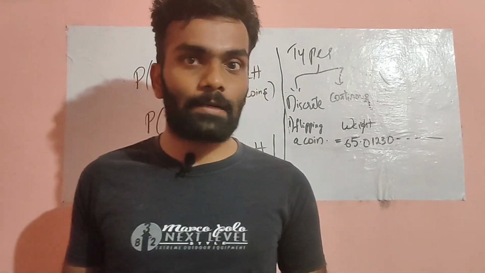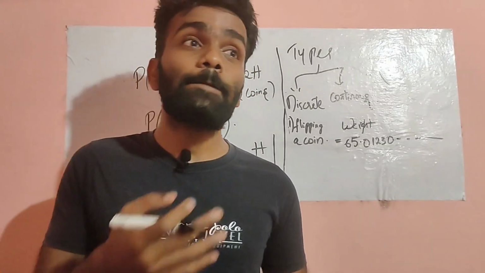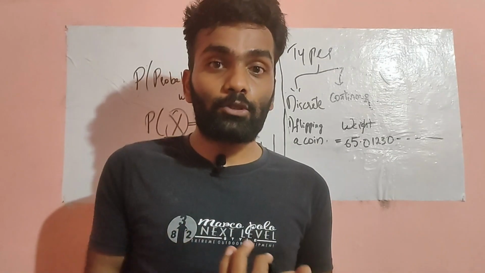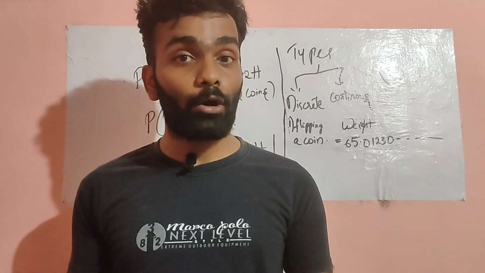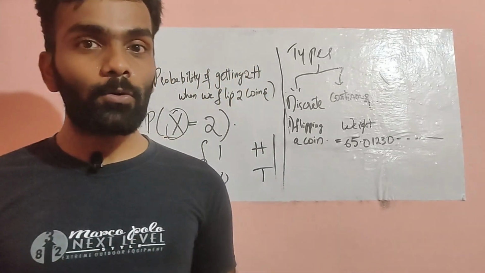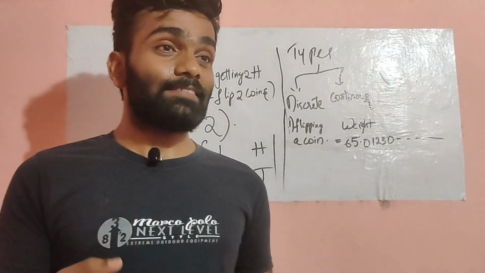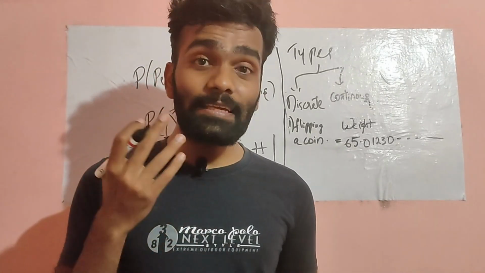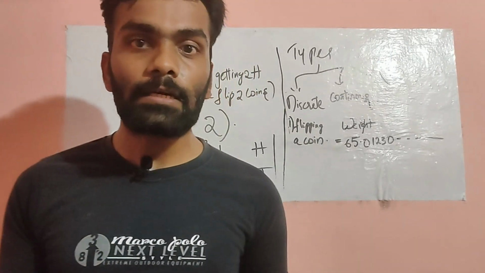Or let's take another example. If you are using some app to show how many calories you burned on a specific day, it shows you, let's say, 500 calories or 600 calories. Is that the exact amount of calories that you burned? No, right?